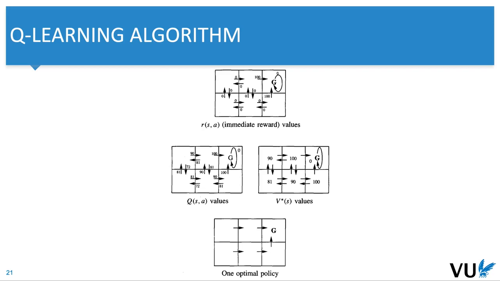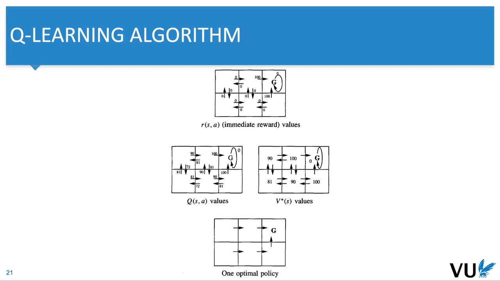And in the middle, on the left, we see that there are these Q values for a given state. Also, we assume some discount factor. And then we also have these Q star values for a given state and some action.